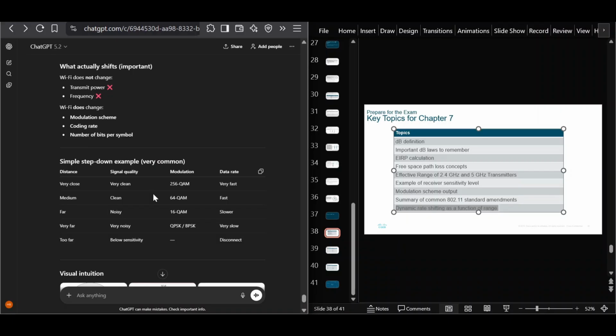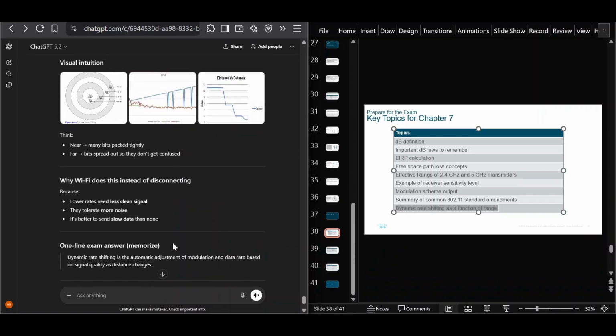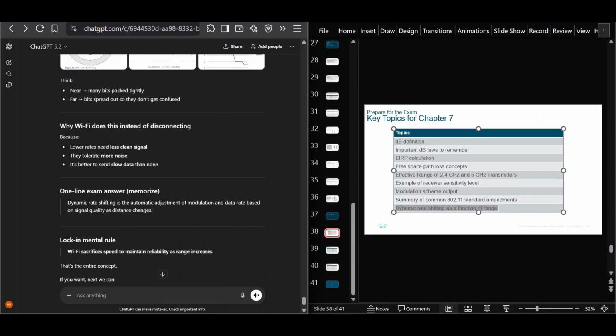Dynamic, simple steps: very close, medium, very noisy. Dynamic means automatic, lower rate shifting.